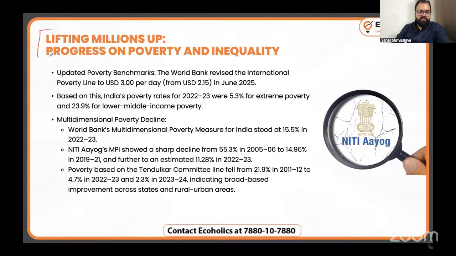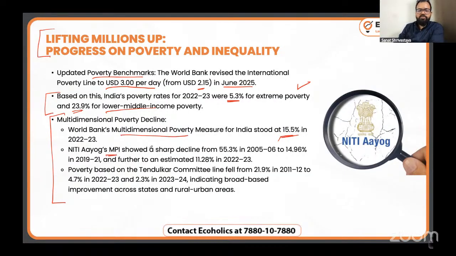Now, lifting millions up, if you see the updated poverty benchmarks. The World Bank revised the international poverty line to USD 3 per day last year, from 2.15. Based on this, India's poverty rates were 5.3% for extreme poverty and 23.9% for lower middle income poverty. And you know that we don't just look at income or consumption benchmarks, we also look at the multidimensional factor. The World Bank's multidimensional poverty measure for India stood at 15.5%.